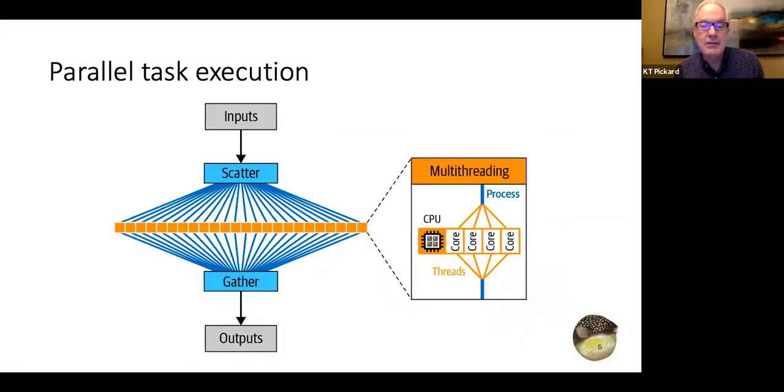That leads us to this concept, and you can see on the top, running tasks in parallel is one of the modern ways that we get faster throughput. This is one technique called scatter-gather, where your inputs may be, in this example, multiple genomes.